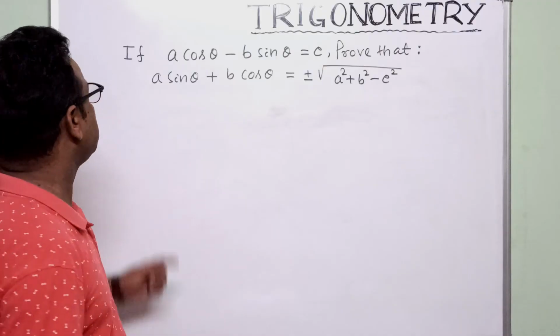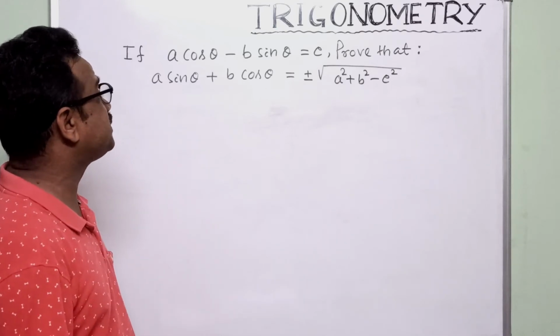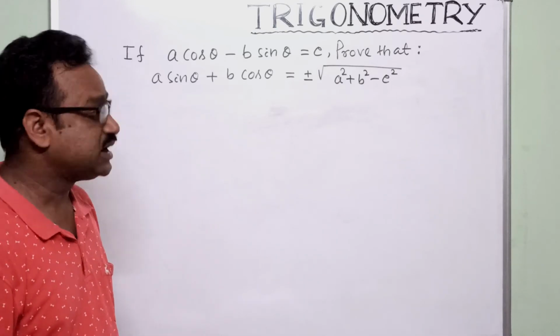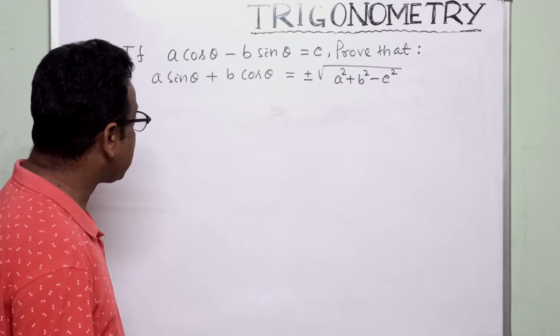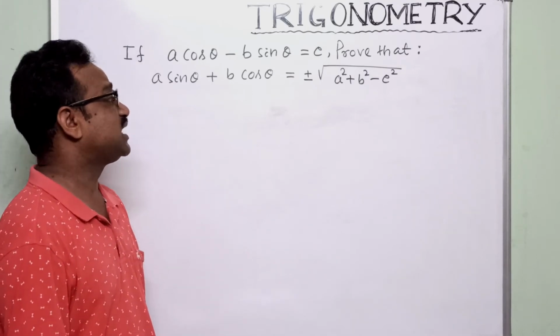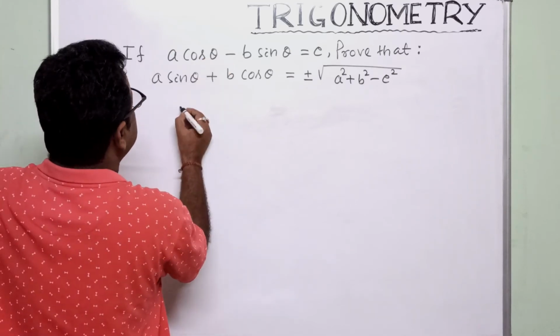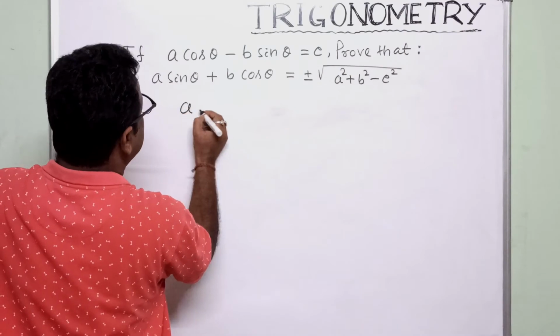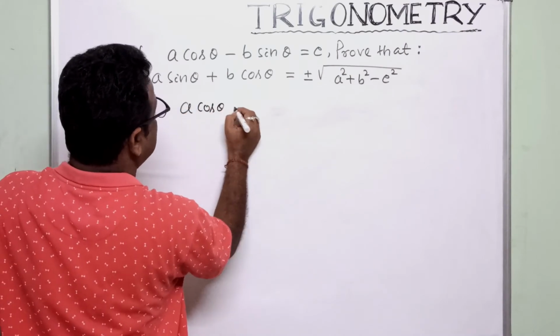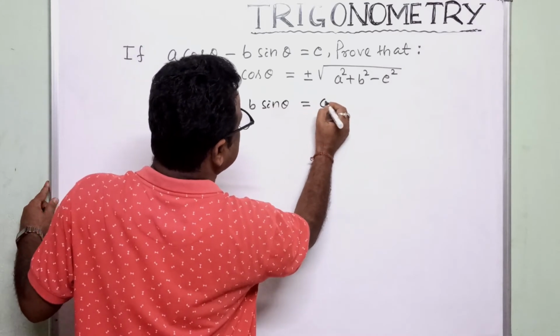So now move on to the next question. What is given? If a cos theta minus b sin theta is equal to c, prove that a sin theta plus b cos theta is equal to plus minus root a square plus b square minus c square. So okay, what is the data given? Given a cos theta minus b sin theta is equal to c.